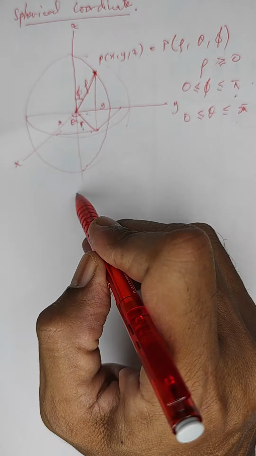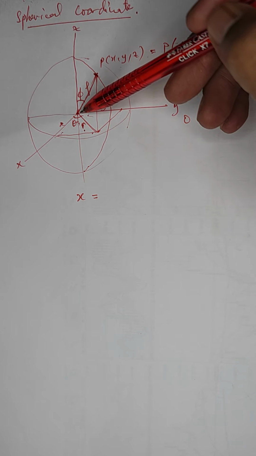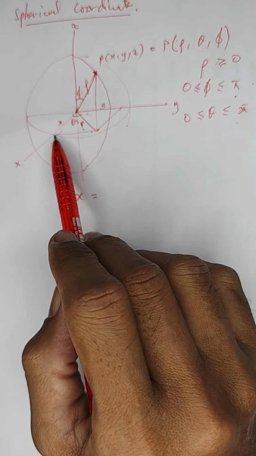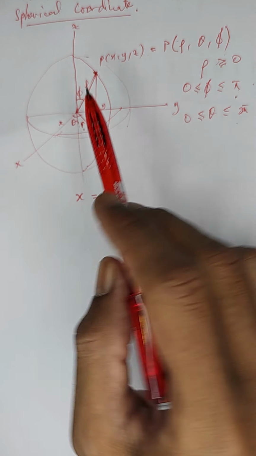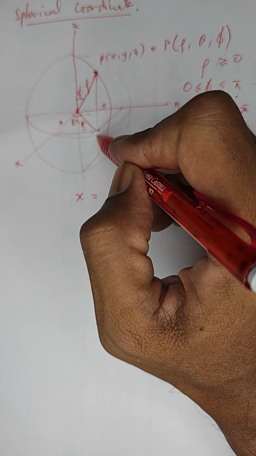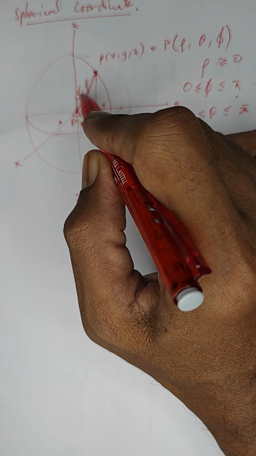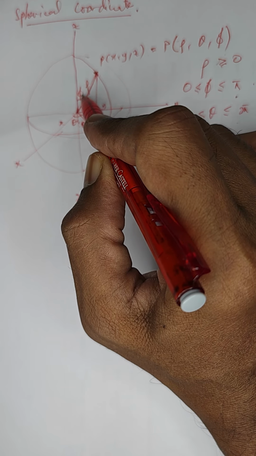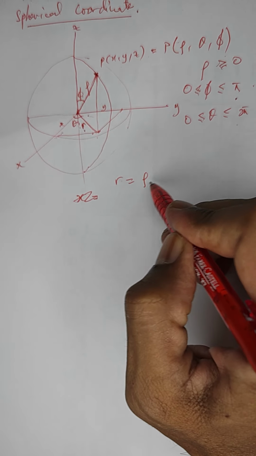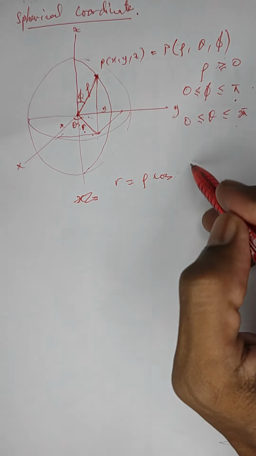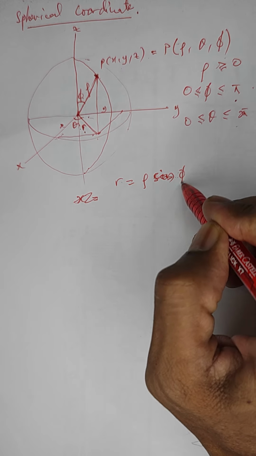For x, this point x is r cos theta. To find r, r is basically rho sin phi.